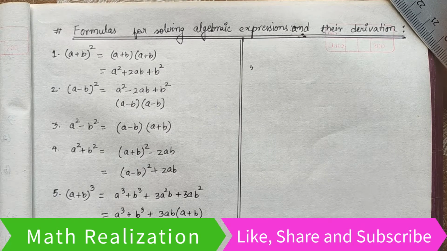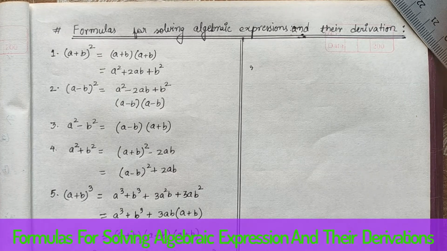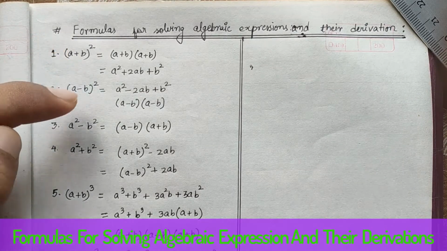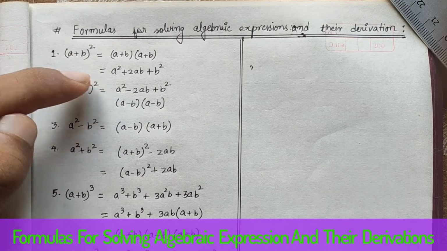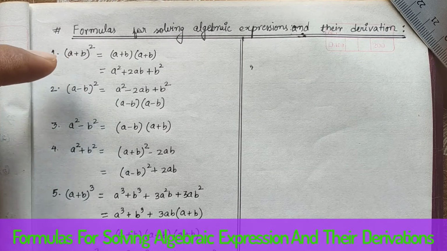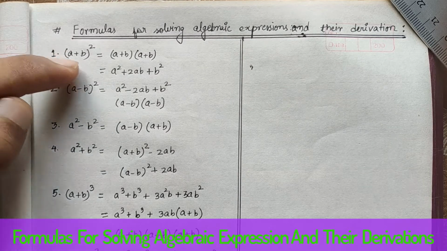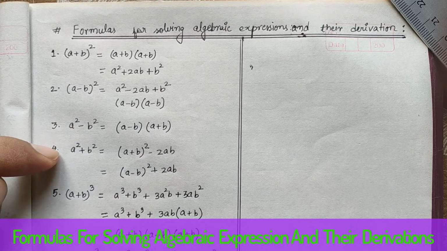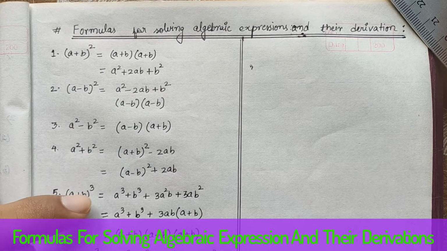So today we are going to see some mathematical formulas that you are going to use while solving algebraic expressions. Here we are going to derive their formulas. Okay, these are the formulas and we are going to see how they are derived: a plus b whole square, a minus b whole square, a square minus b square, a square plus b square, a plus b whole cube.